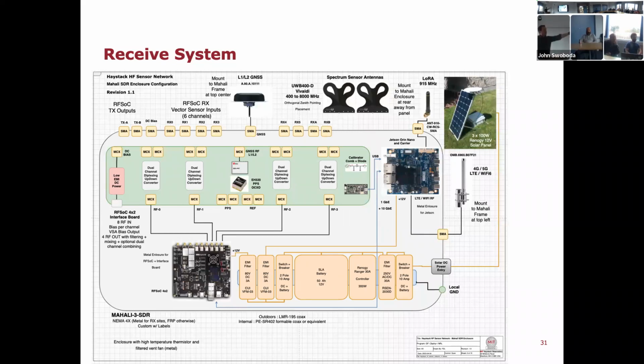With this, we're going to have our vector sensor channels spread across 2 RFSoC channels. We're going to be using the Jetson Orin Nano. This is a little NVIDIA single board computer that has a GPU in it. We're working out the specific one.